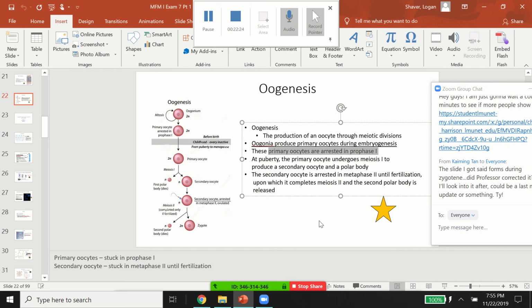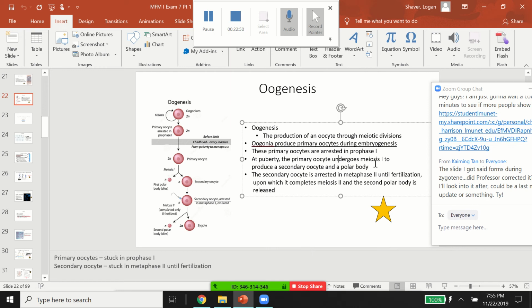The primary oocytes are arrested in prophase. They're all formed, so there is no oogonia at all once the baby's born. It's just primary oocytes from there, and throughout that, they're stuck at prophase 1.